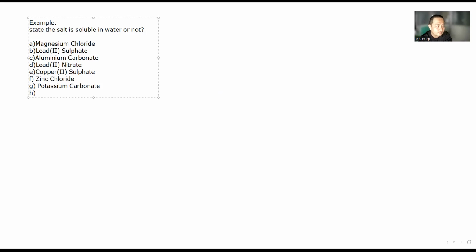I did a bit more. Ammonium nitrate. H, barium sulfate. Lead 2 chloride.